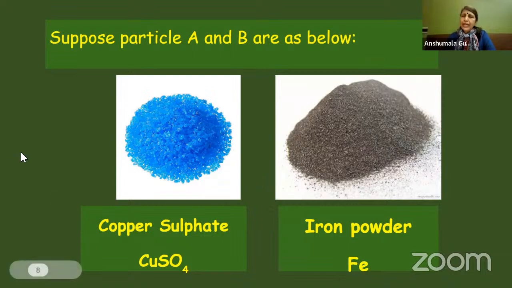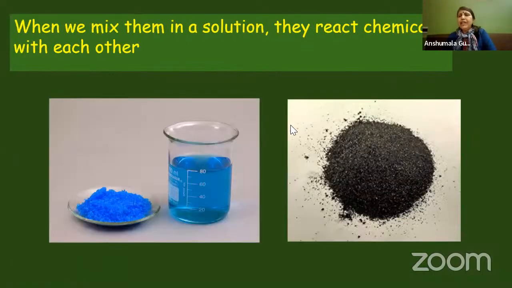And we know that if we make them go through a chemical reaction, we'll need to dissolve the copper sulfate. So it makes a solution like this. Yes, it's hydrated copper sulfate, correct. But for the reaction, we need to dissolve it in water and then put iron powder in it.